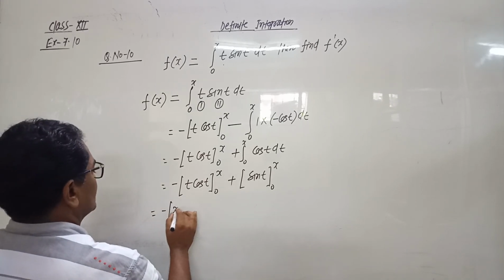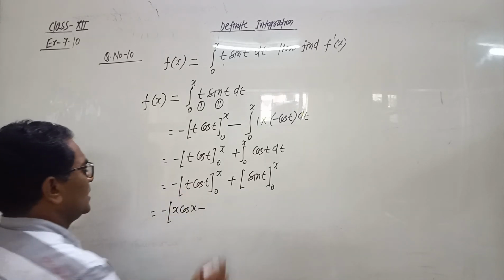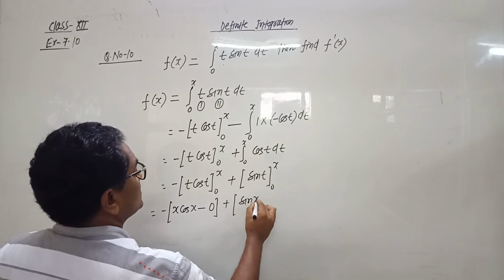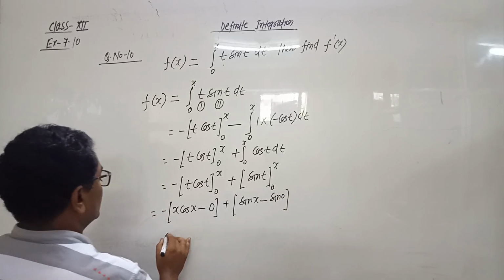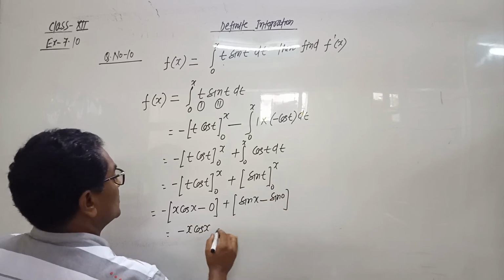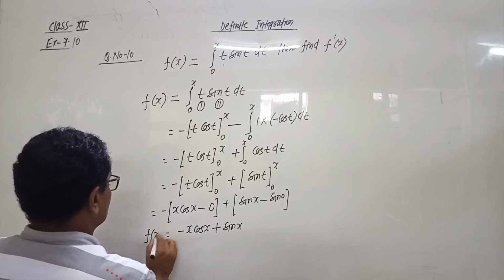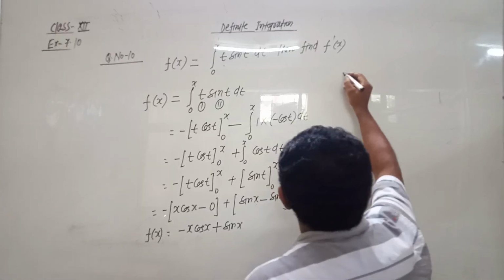So upper limit x, x cos x minus lower limit when you put 0, the entire term becomes 0, plus sin x minus sin 0. So we get minus of x cos x, and sin 0 is 0, and plus sin x. So the value of f of x we get minus x cos x plus sin x.